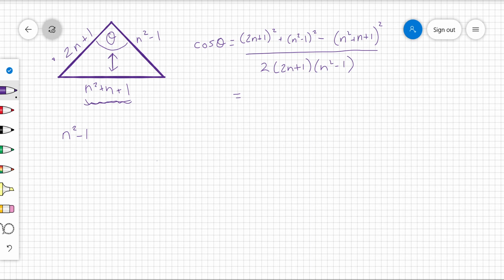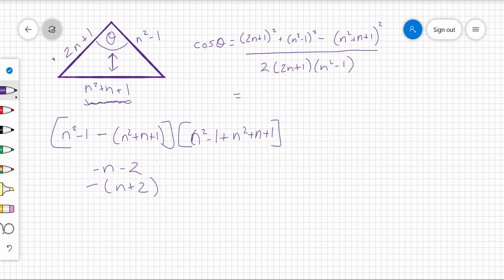So I've used the second and last, so I've got this term take away this term, and that term plus that term, so plus, I don't have to worry about the brackets. So when I simplify that, the n squareds cancel, so I've got a minus n minus 1 minus 1, which is minus 2. So that would be the same as that bracket.